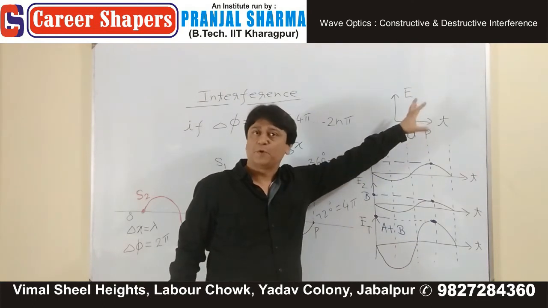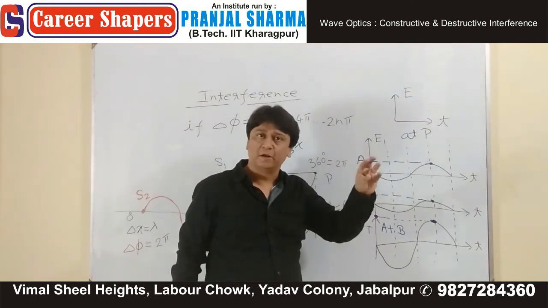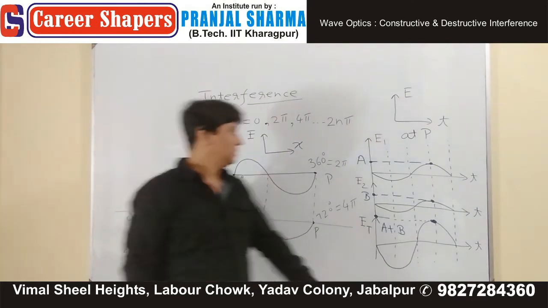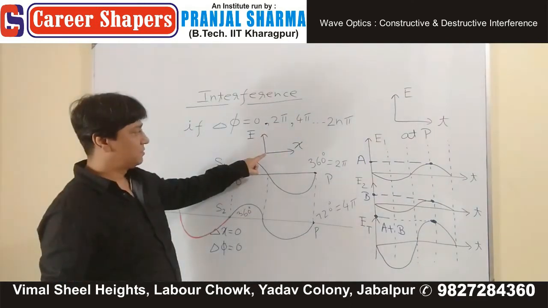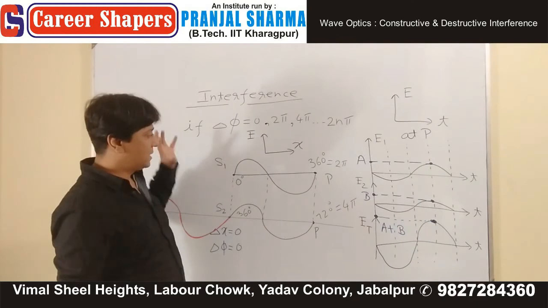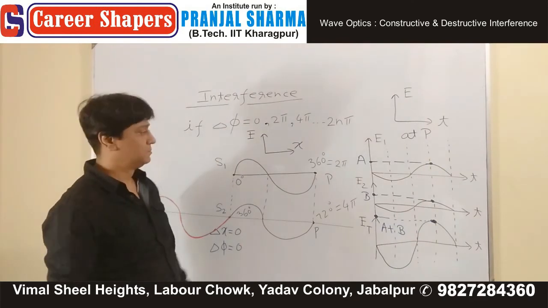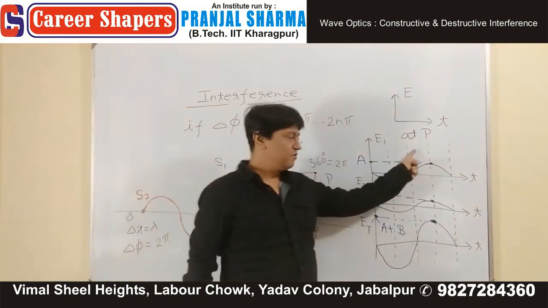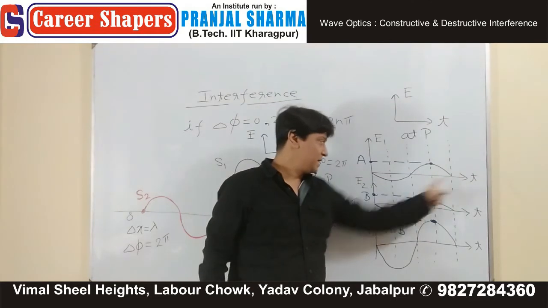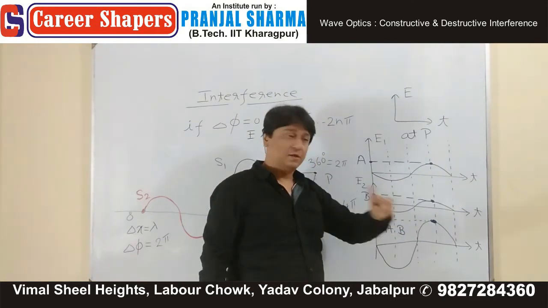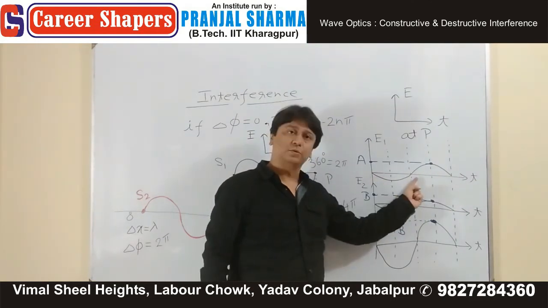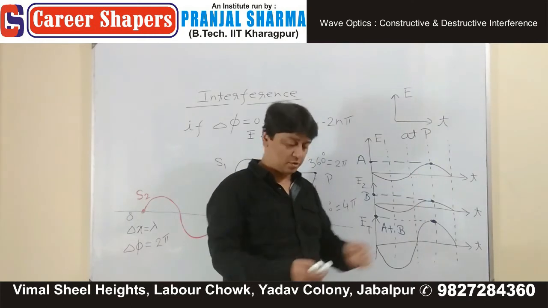This graph is plotted at a given position. These graphs are plotted at a given time, at a given position, at different times. What is happening? This is not lambda by 2, this is capital T by 2.